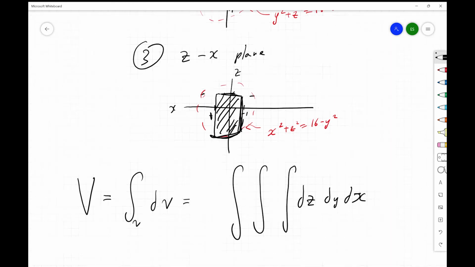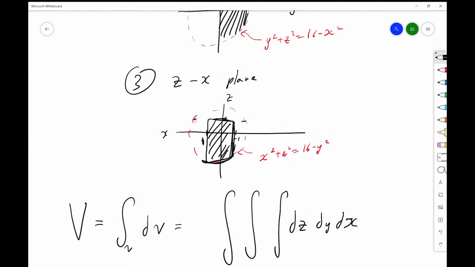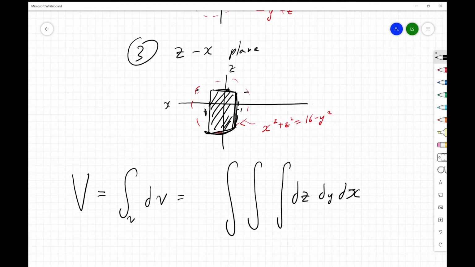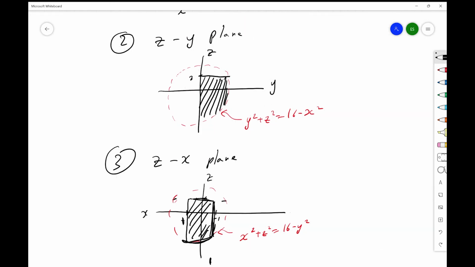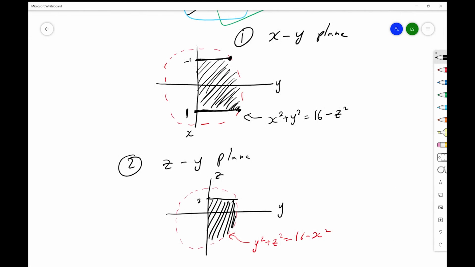So x, where does x go from? From what to what? X goes from -1 to 1, right? Y, where does y go from? From what to what? Right?